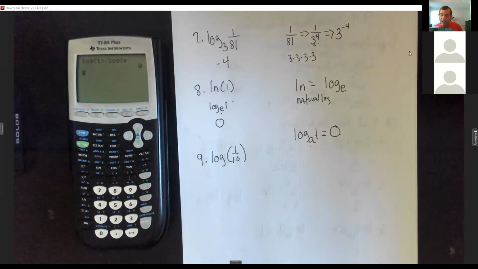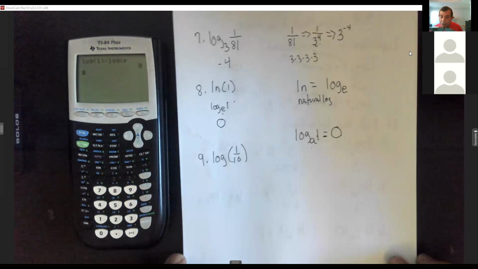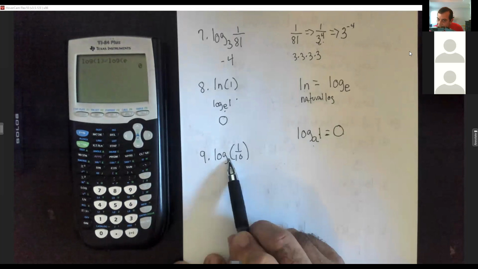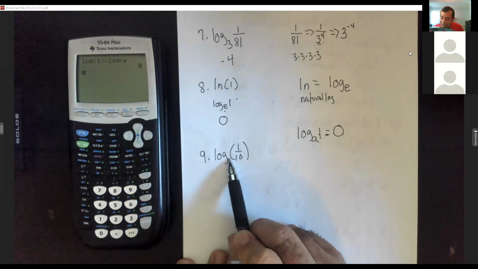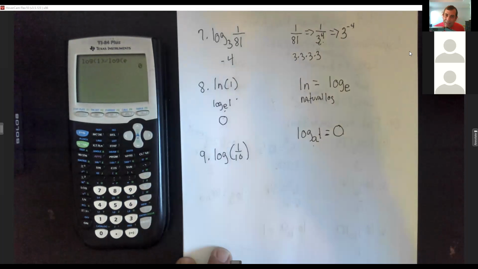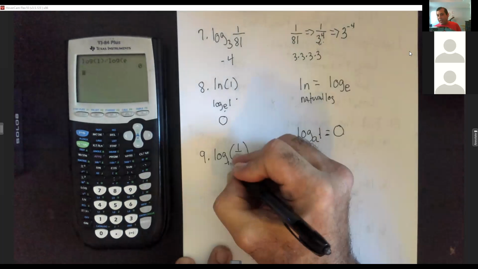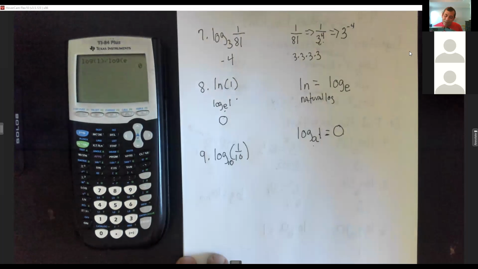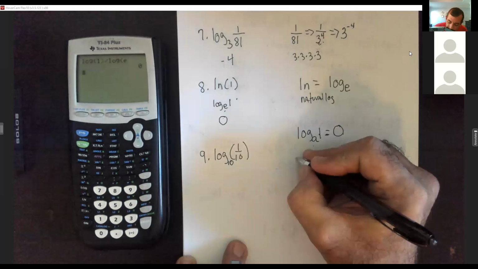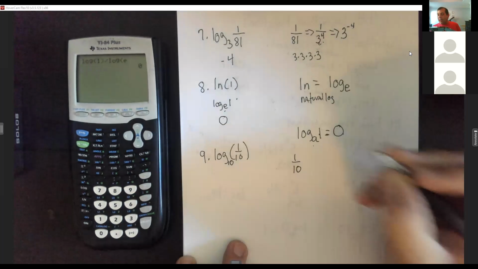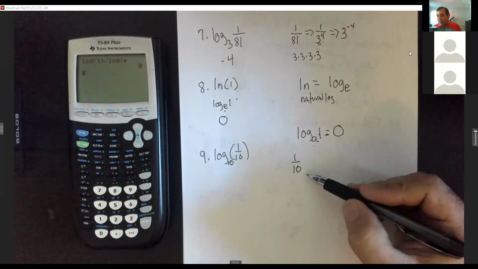Log of 1/10. Anybody can do this one on the front of their calculator because there's not a base here, and we understand that base to be a 10 when there's not one written, right? So basically, you've got a 1/10. What exponent is on that 10 at the moment, since you don't see one?